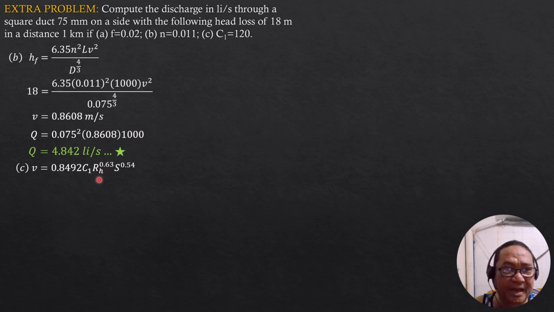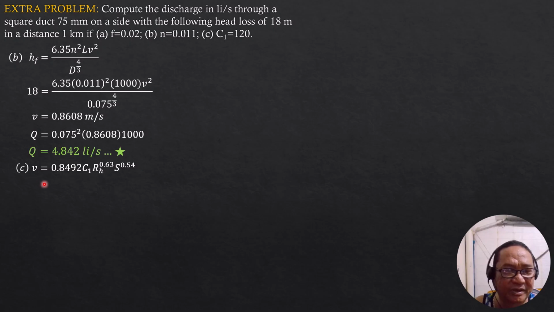Because the hydraulic diameter is raised to 2.63, it is inaccurate, because the duct is not circular. So remember, we can only use that when the section of the duct or the pipe is circular.